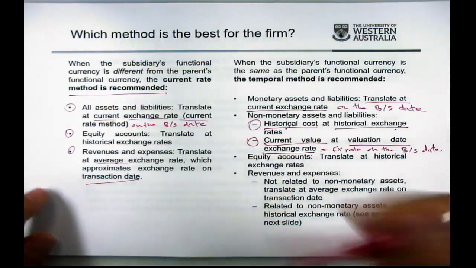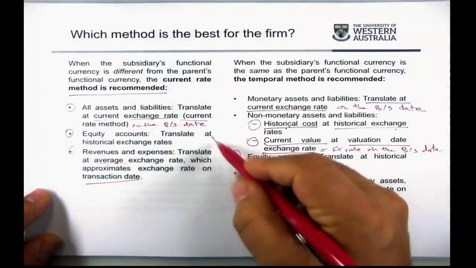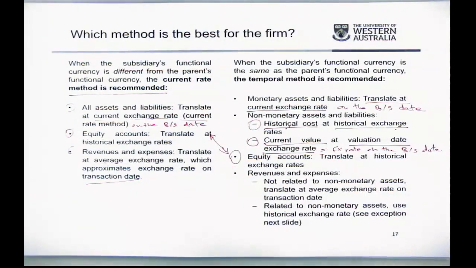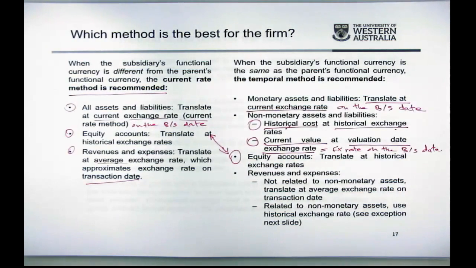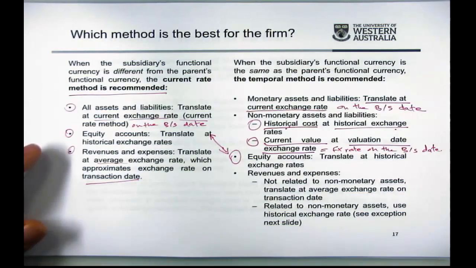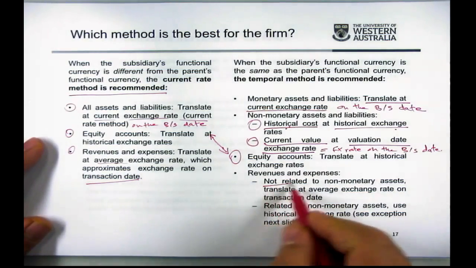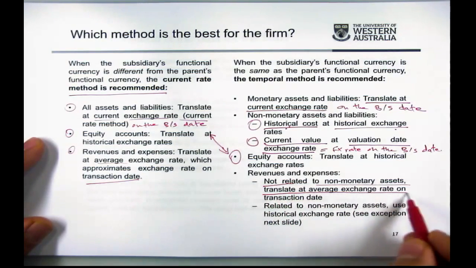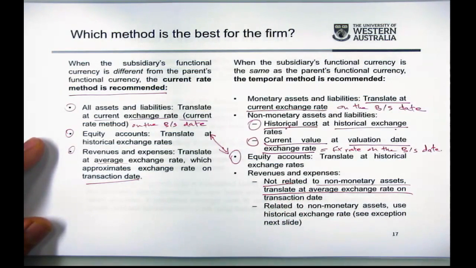Again, equity in both methods, this is the easiest one to remember, huh? Equity in both methods should be translated using the historical exchange rate. Revenues and expenses, if these revenues and expenses are not related to non-monetary assets, again, we translate them at the average exchange rate on transaction date.